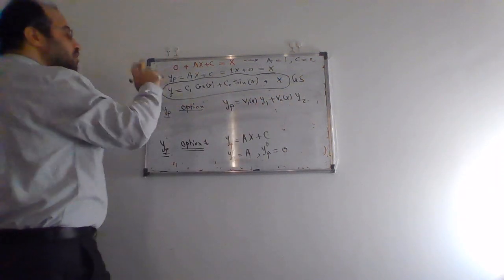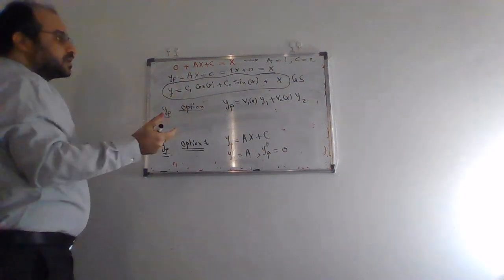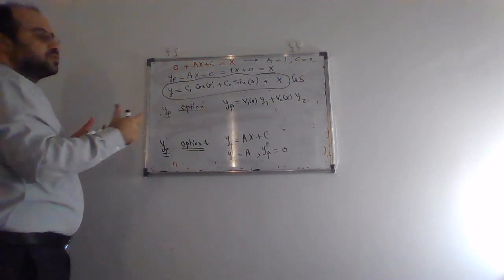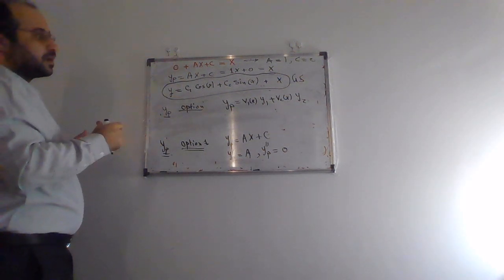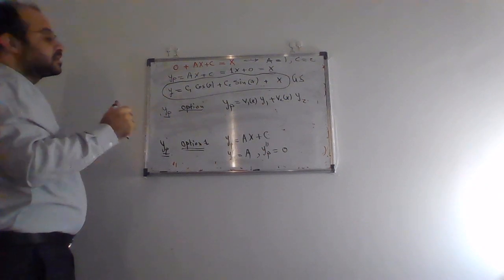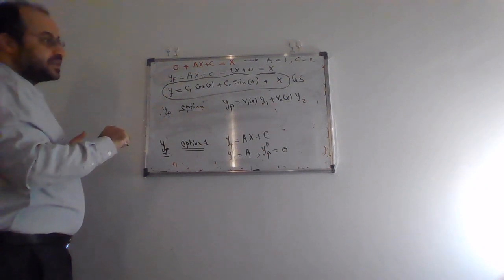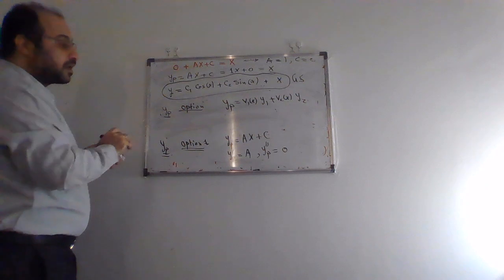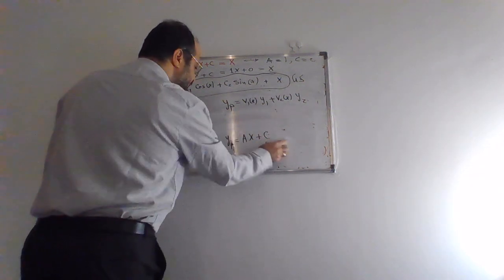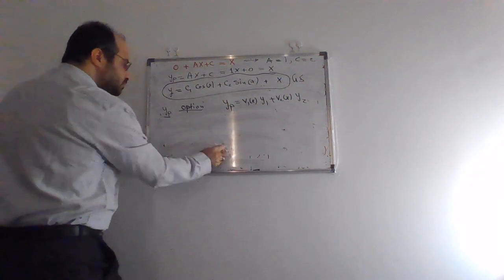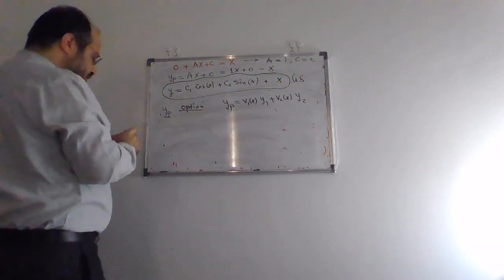So when you have a nice function on the right hand side, you have two methods to find y particular. But I'm going to tell you that method number 1, guessing, will sometimes be easier than the variation of constants method.